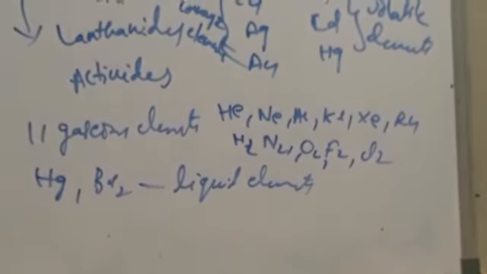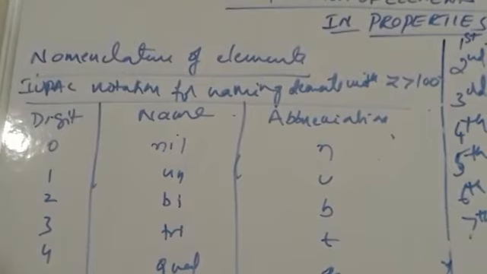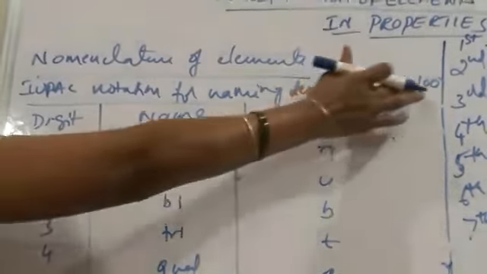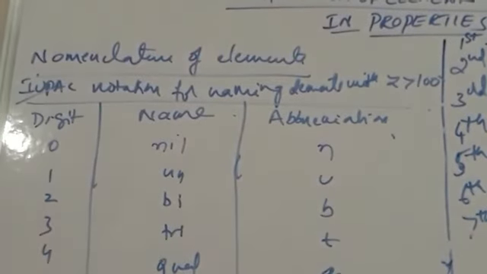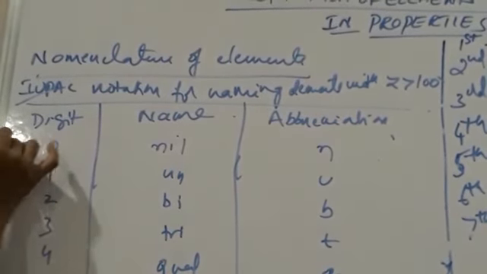Then coming to the nomenclature of elements. For elements whose atomic number is greater than 100, we have to follow IUPAC notation. For that, we use special abbreviations.